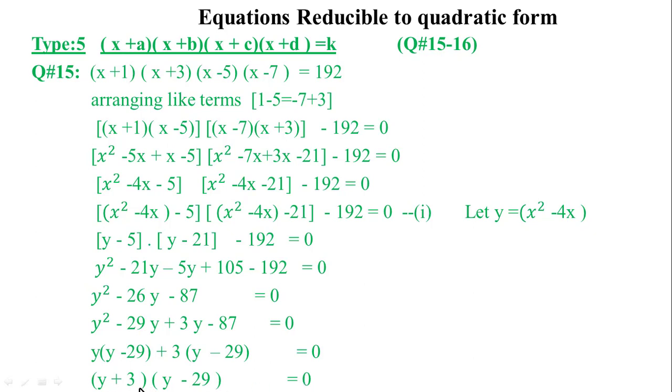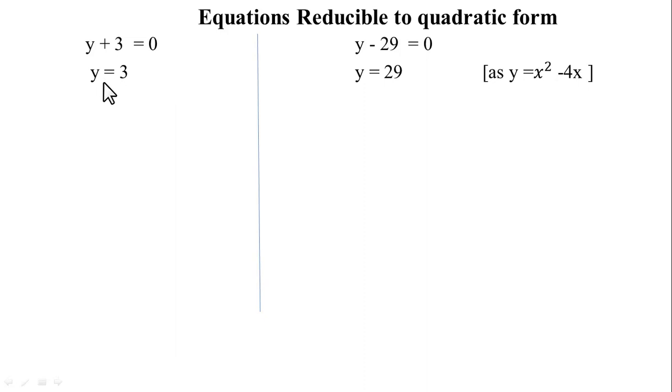Either y plus 3 is equal to 0 or y minus 29 is equal to 0. So we have y is equal to minus 3 and y is equal to 29.